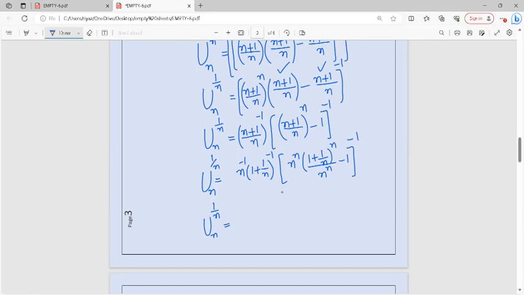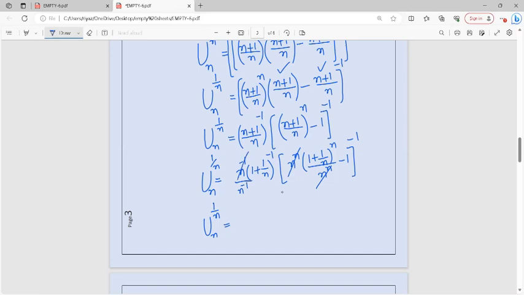So now n to the power minus 1 can be written as 1/n. This and this will be cancelling here. It's n to the power minus 1, and the denominator also we have here n to the power minus 1.